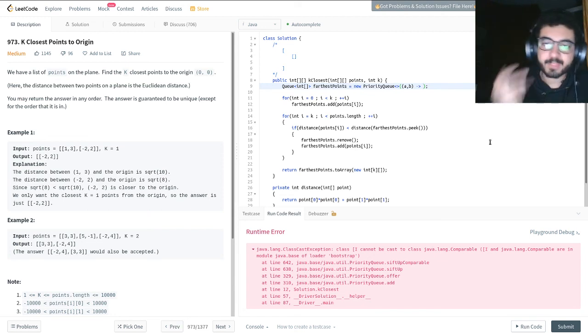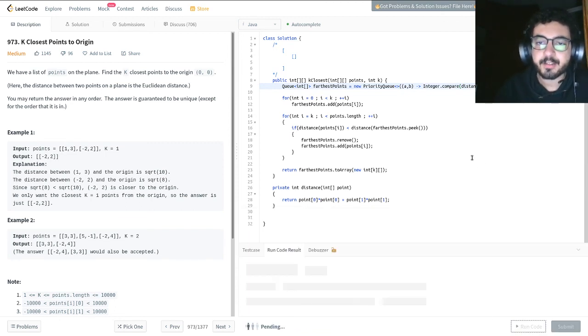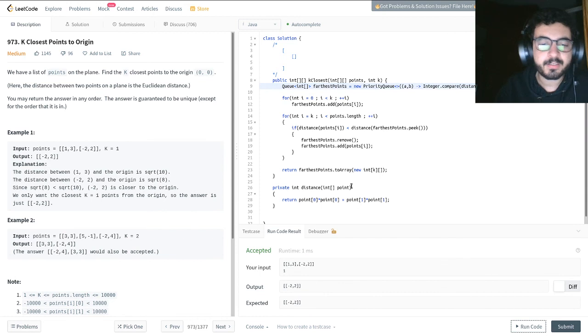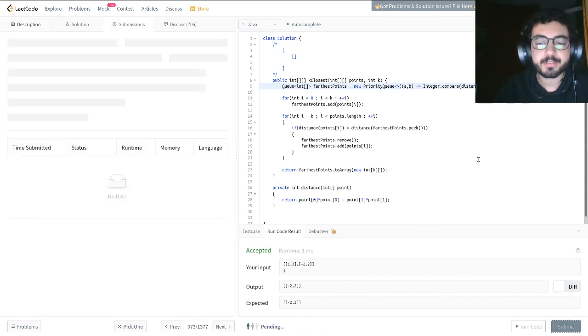So Integer dot compare distance of b with distance of a. So let's try that, hope it works. Yeah, it works, so let's try to submit it.